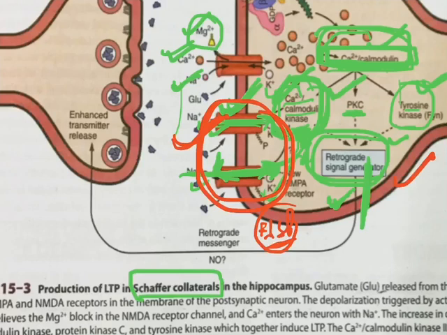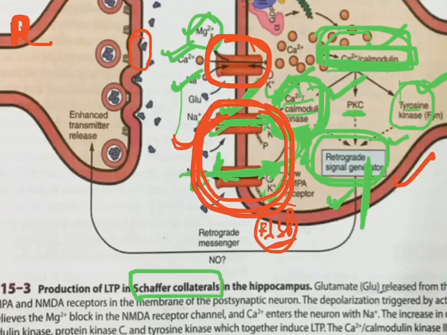Now, the second thing. It happened because of the stimulation. We provided the stimulation at the presynaptic neuron, it released glutamate, and glutamate gets attached to the AMPA receptor, and then there is opening of the NMDA receptor and more and more attachment of the AMPA receptors to the surface.